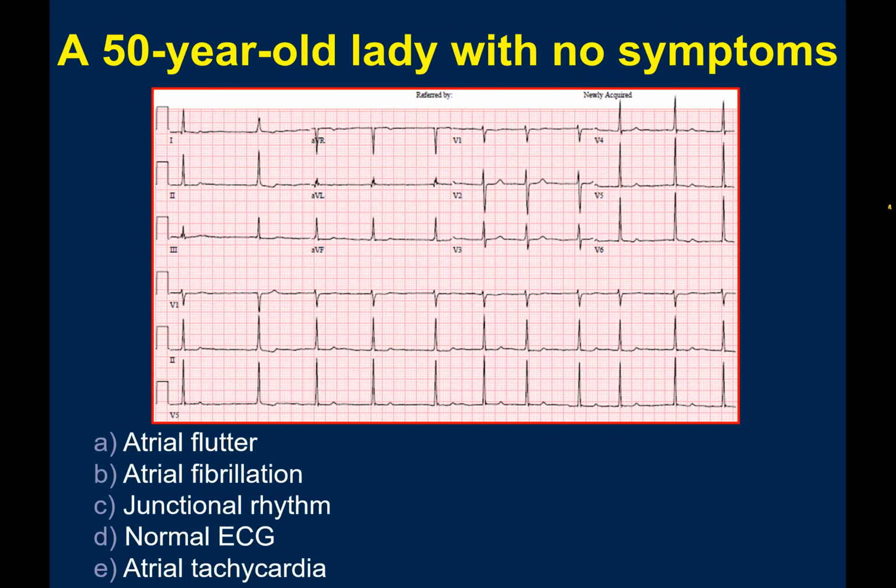The obvious abnormality here is the absence of P wave. I don't see a P wave actually. There's no P wave, and it is an irregular rhythm. I think this is an atrial fibrillation.